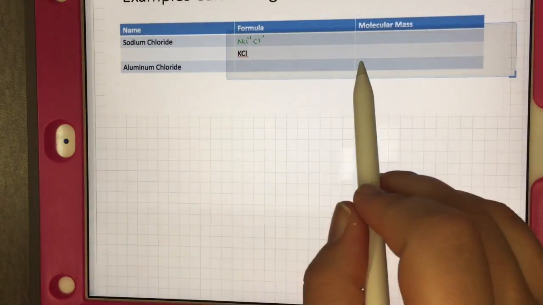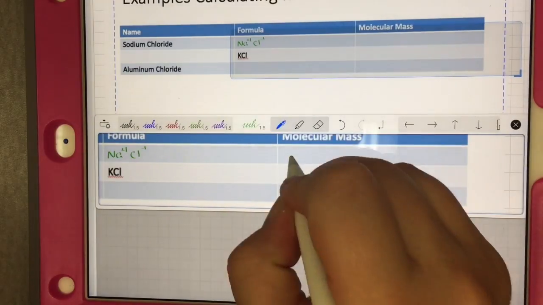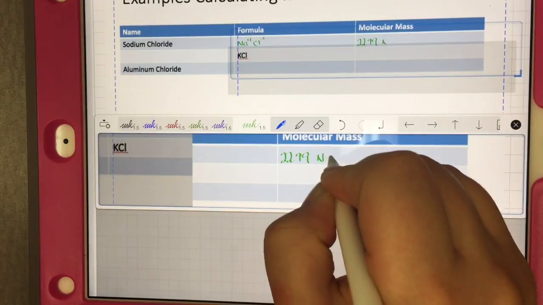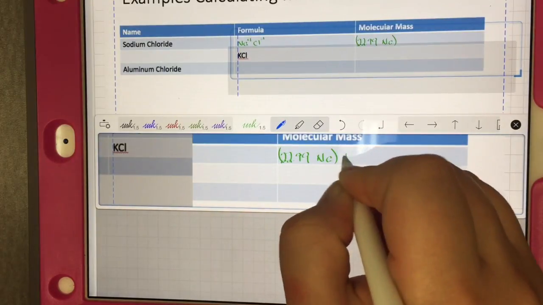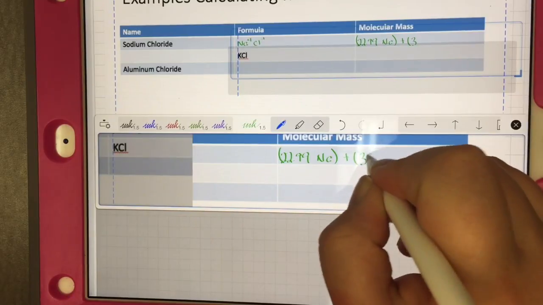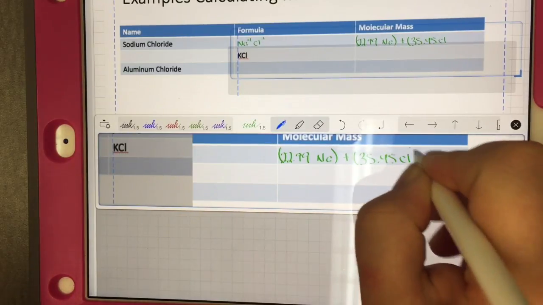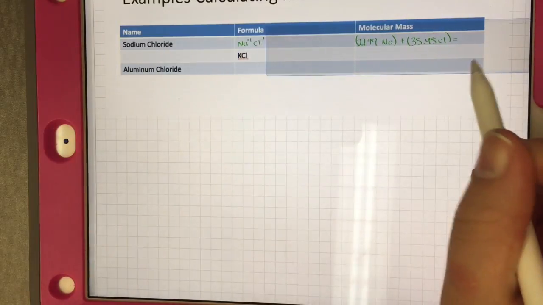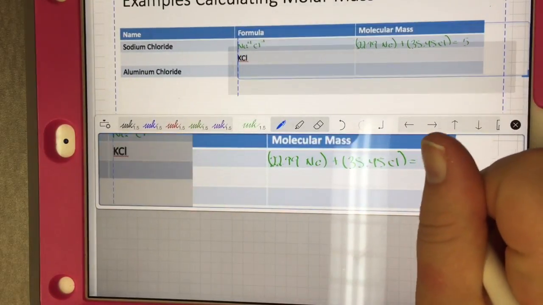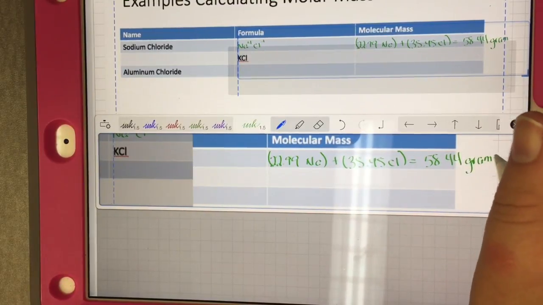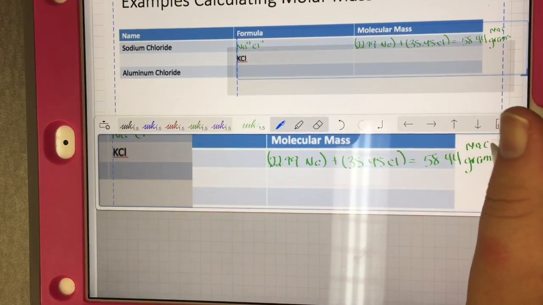Our molecular mass is going to be 22.99 for sodium, plus chlorine, which is 35.45. And that's going to be about 58.44 grams of NaCl.